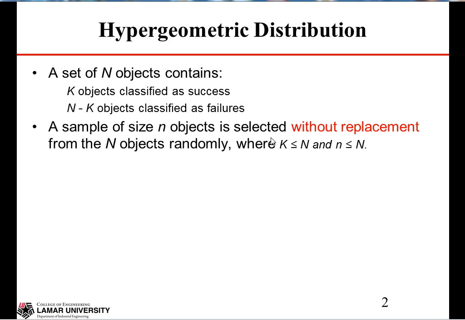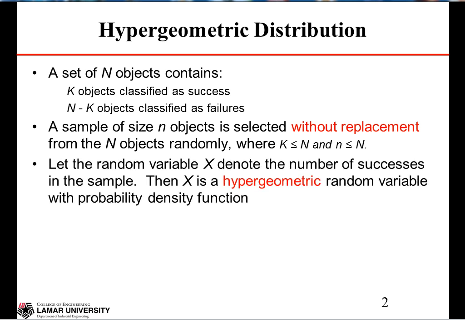Then we're going to have a sample with a total of lowercase n objects, and our random variable X denotes the number of successes in the sample of size lowercase n.